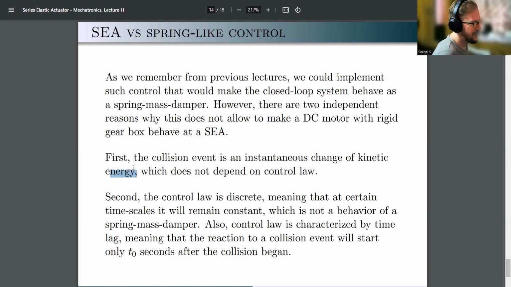So that is one thing, right? And in fact, this is true for a series elastic actuator too. It is just that some parts of the series elastic actuator experience this collision. The output shaft experiences a collision, and it is going to receive damage if it is designed badly enough to be damaged by collisions.